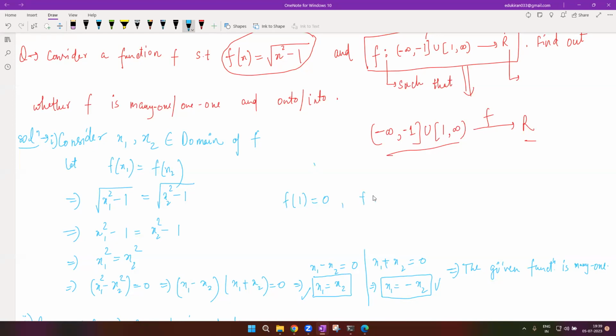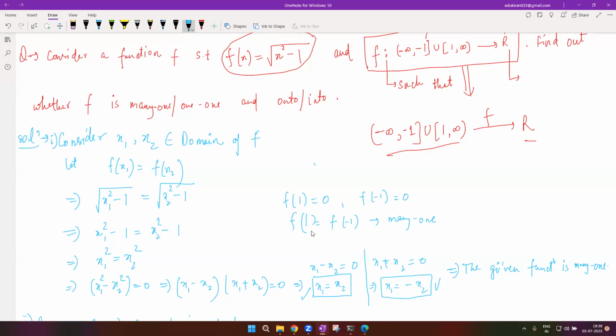Now find f(-1). f(-1) is also 0. So when the functions are many one, you can directly use these two values to demonstrate that. You will directly say that f(1) equals f(-1), hence the function is many one.